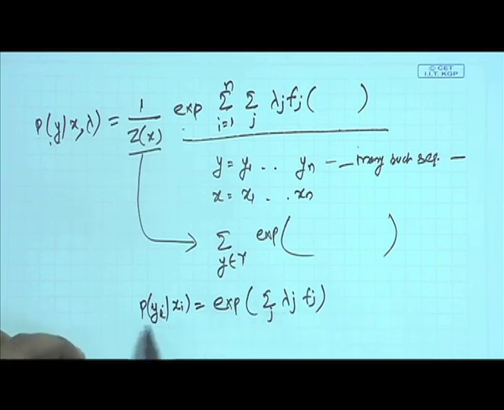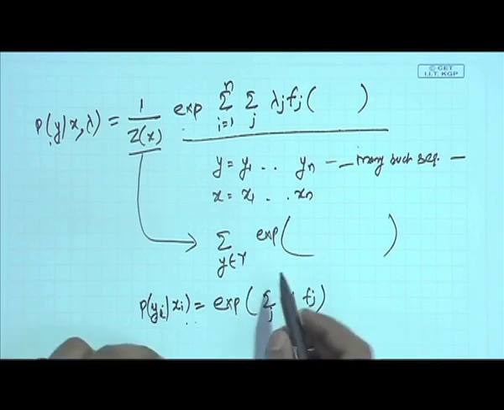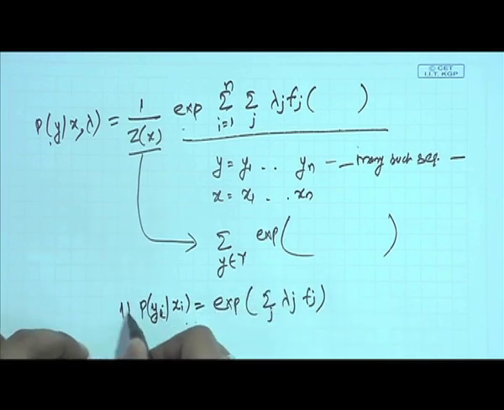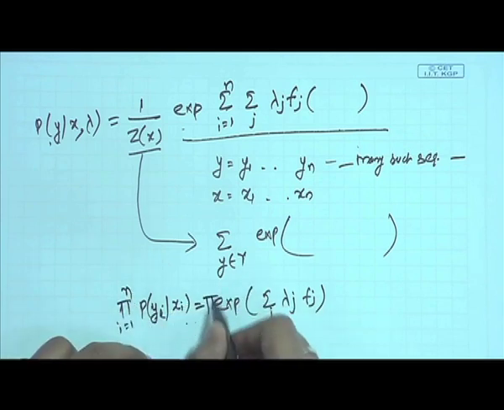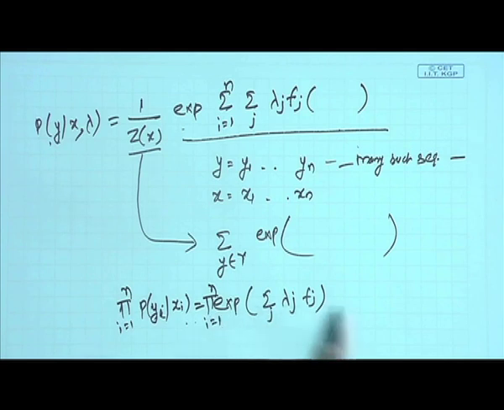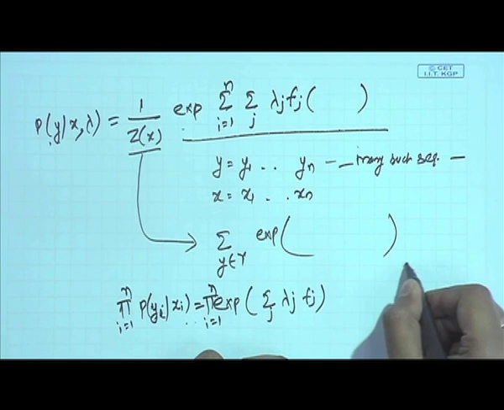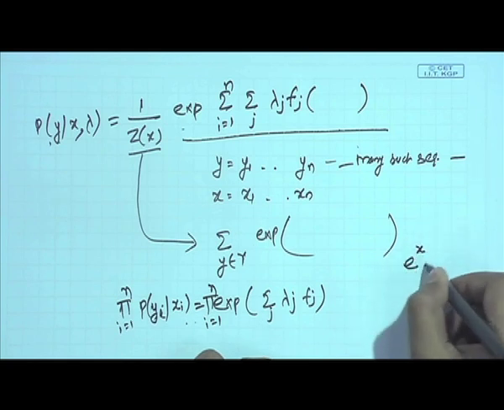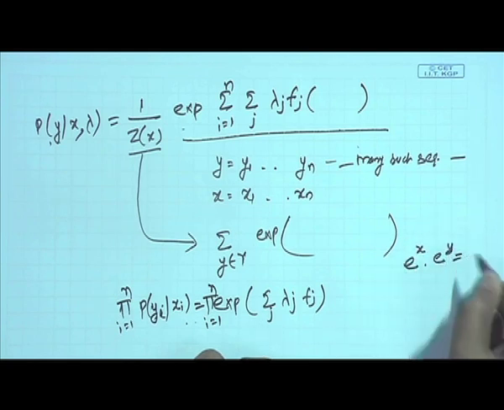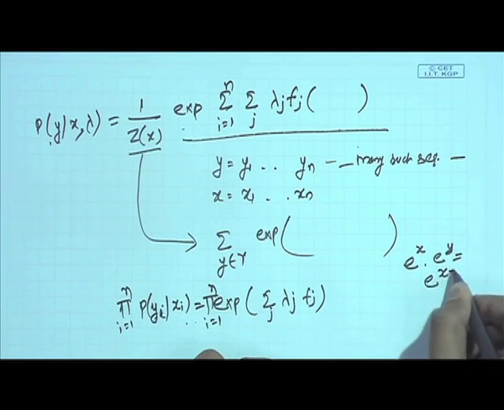Now, here we are computing probability for the whole sequence yi, i is equal to 1 to n. So, this will be multiplication, multiply i is equal to 1 to n. Now, if I am multiplying multiple exponents, for example, e to the power x times e to the power y becomes e to the power x plus y.